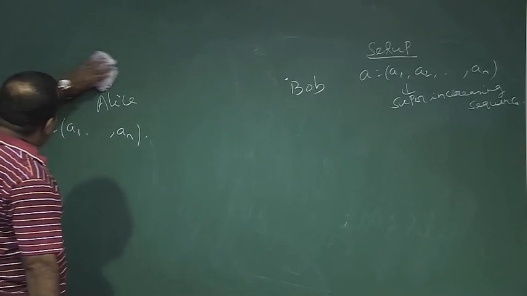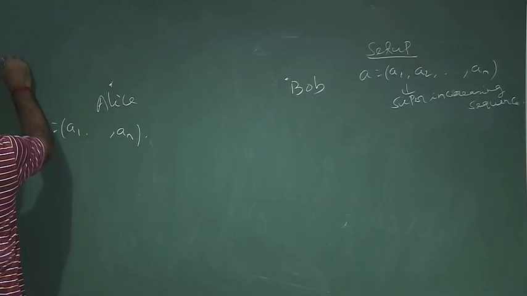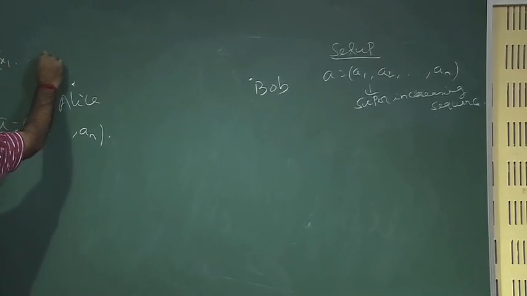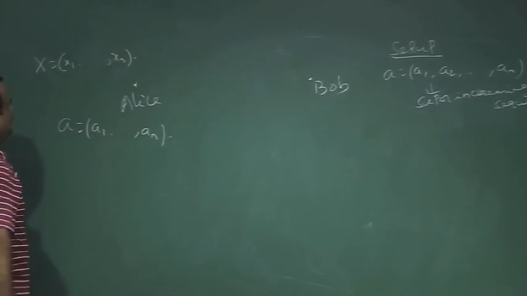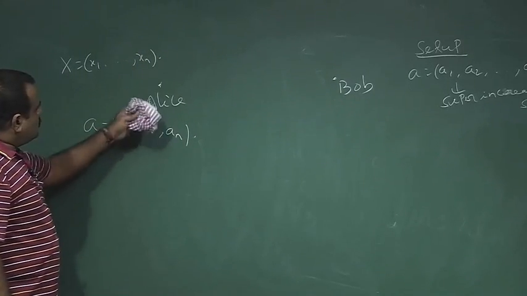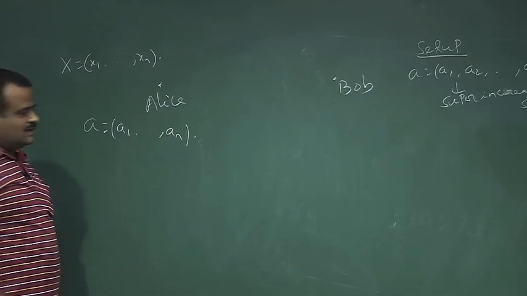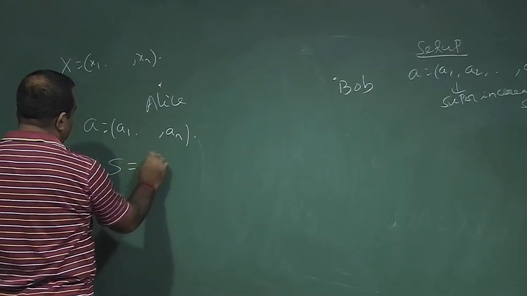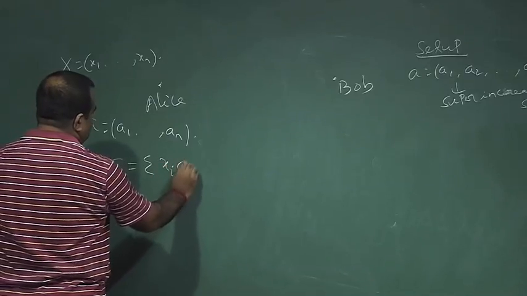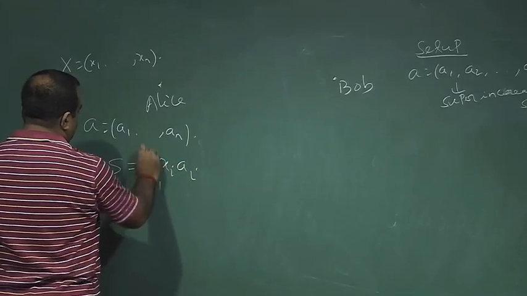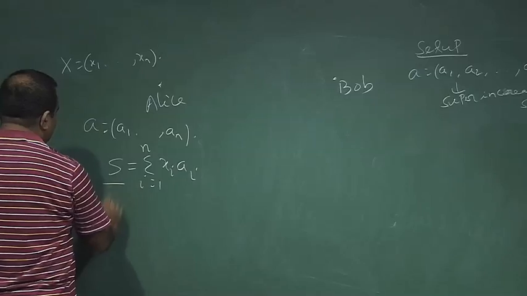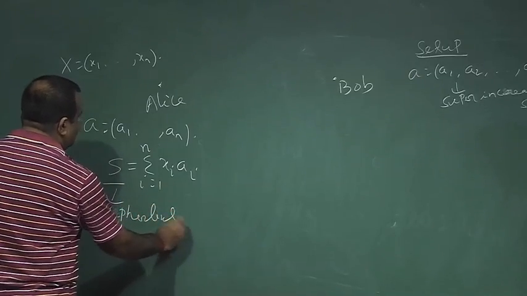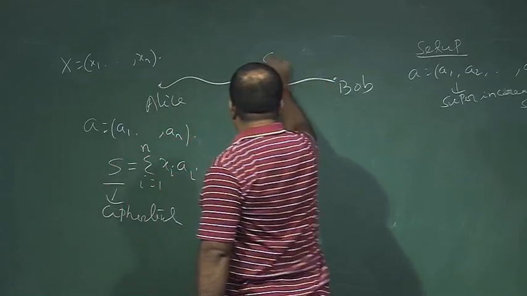Now the plain text is an n bit number. So the plain text is x, or x_1, x_2, ..., x_n. For encryption, Alice generates S, the summation of x_i a_i from 1 to n. This sum is the ciphertext, and Alice is sending this S to Bob.